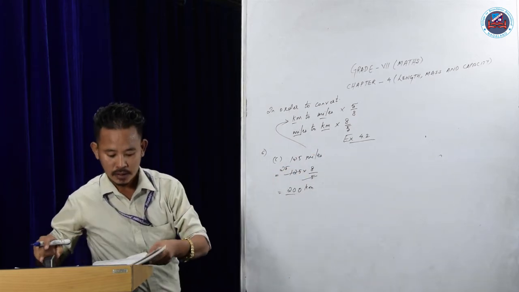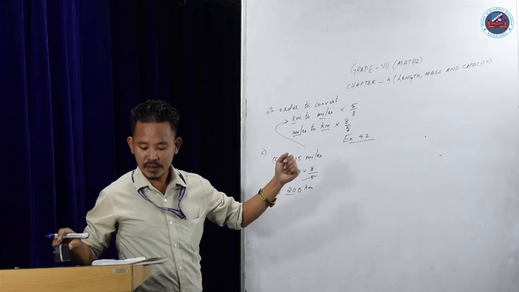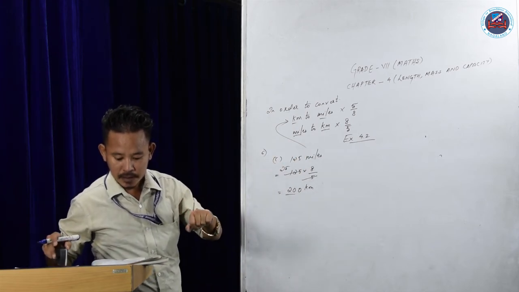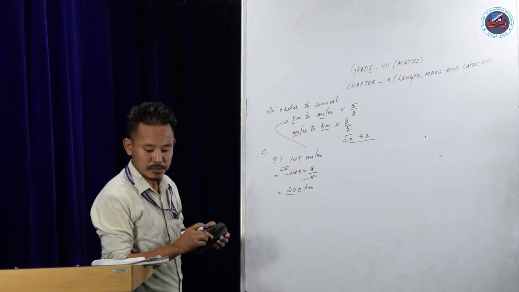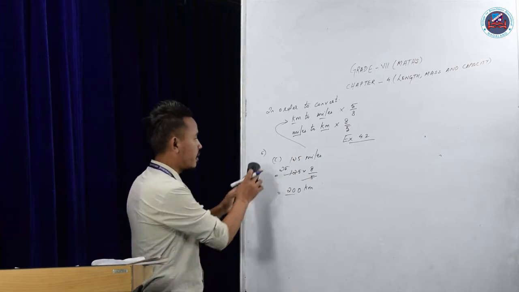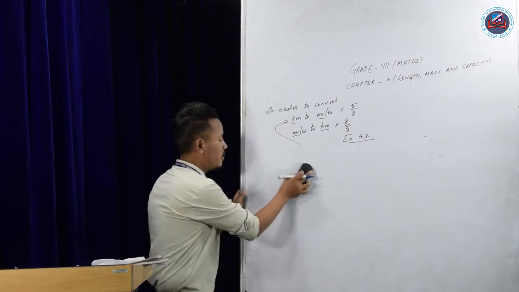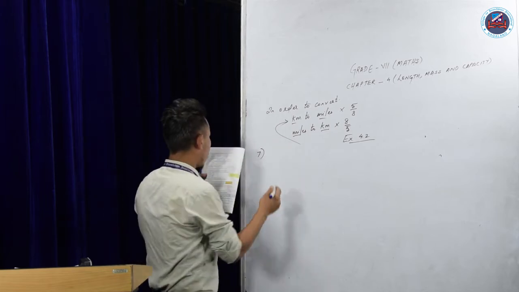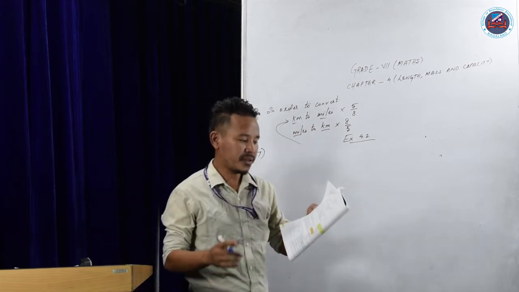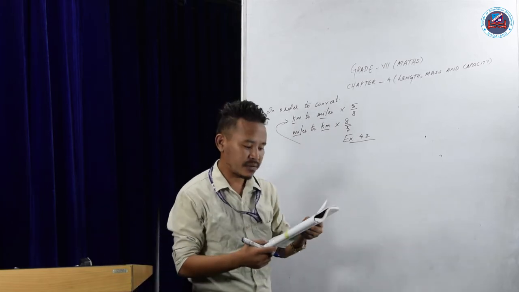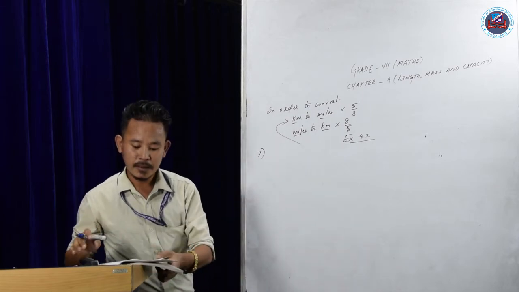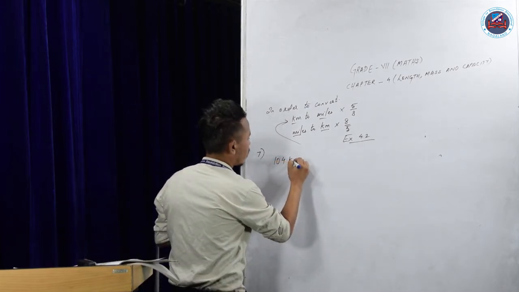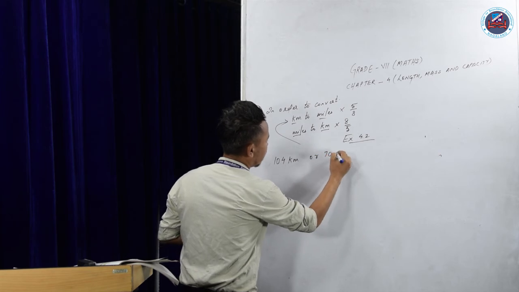Now, out of question number 7 and question number 8, I'll do one sum. Maybe let me do question number 7. Question number 8, you can practice on your own. Number 7. Which is further, 104 kilometers or 70 miles?